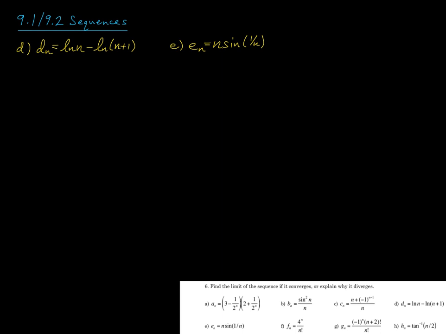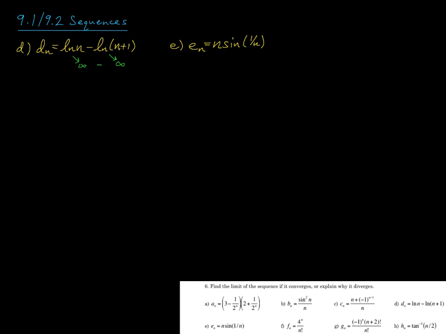Okay, so here, as we let n approach infinity, recall that the natural log of n blows up to infinity, and the natural log of n plus 1 also will approach infinity, and I'm taking the difference between these two terms. So it's not exactly clear what's going to happen in the limit, right?